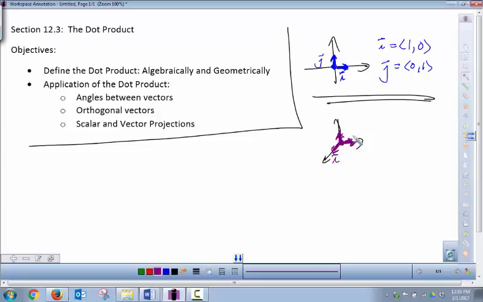So the i, j, k. And we define the i to be 1, 0, but that's the i if it's in 2D. If you're in 3D, in R3, then the i has to be defined a little bit differently because there's 3 components. So we want to just make sure that we fill in the components that we need to fill in.